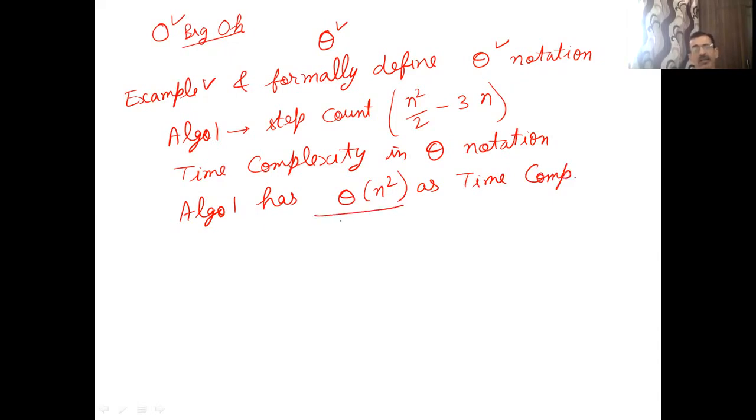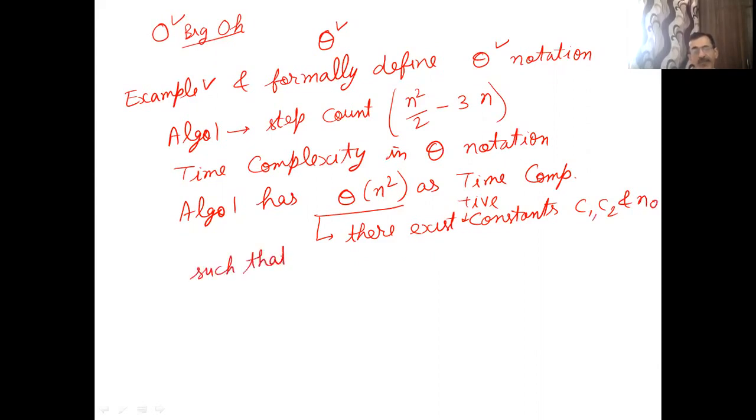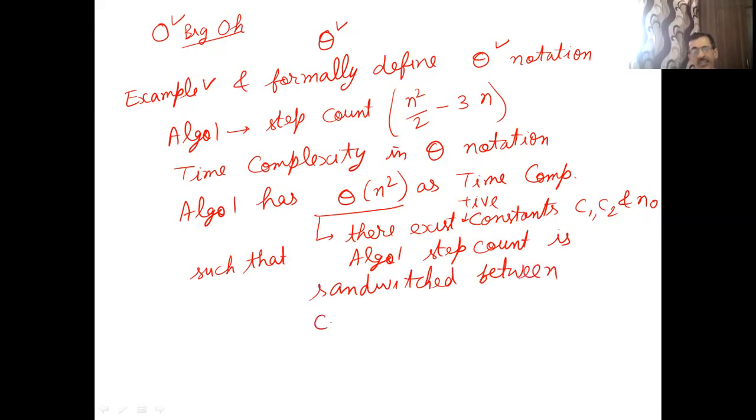That will effectively mean that there exist positive constants C1, C2, and n naught, such that effectively, algo 1's step count is sandwiched between C1n square and C2n square for all n greater than or equal to n naught.